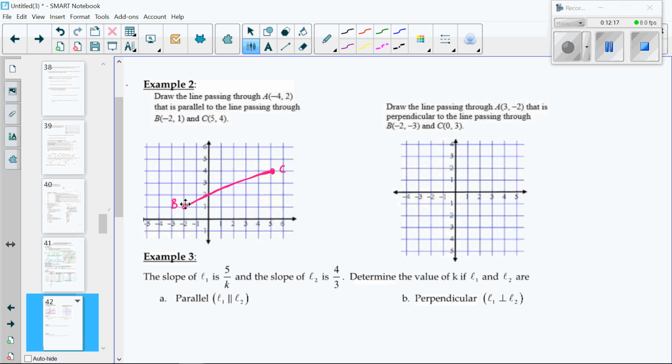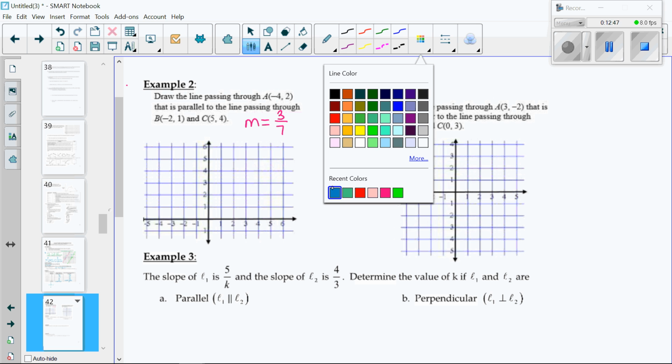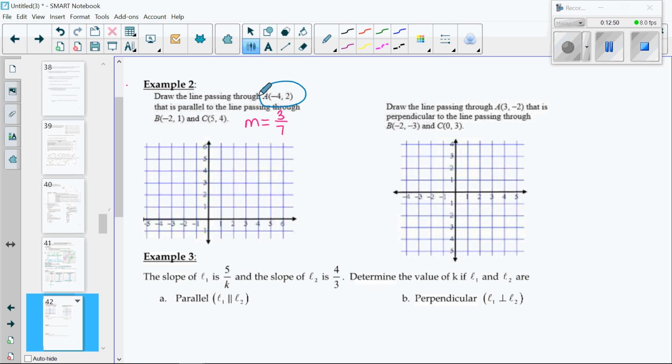Now, its slope is up 1, 2, 3, and over 1, 2, 3, 4, 5, 6, 7. So if it is 3 over 7, and my next line is parallel to 3 over 7, it is now passing through point A, which is -4 and 2.